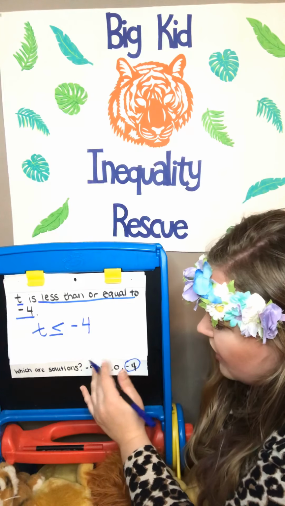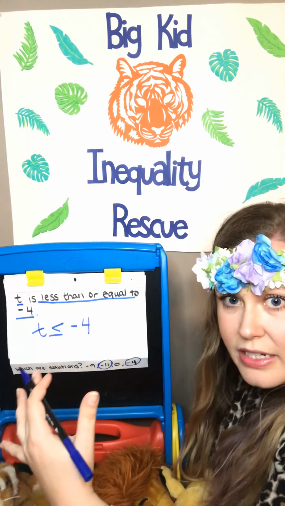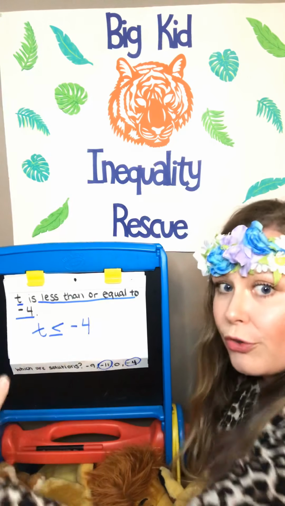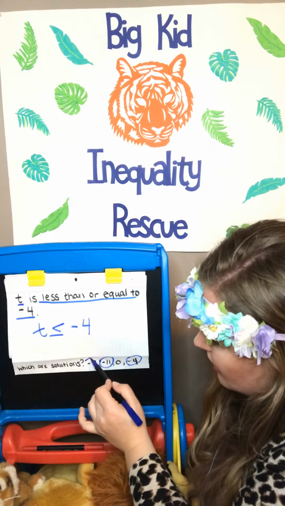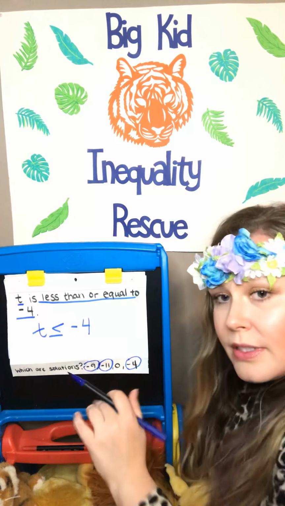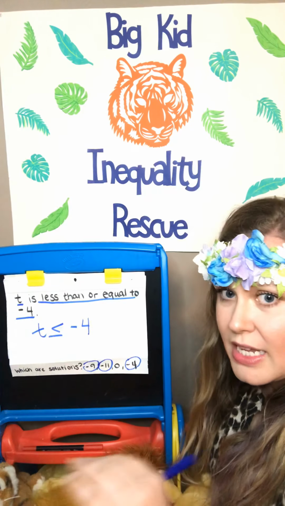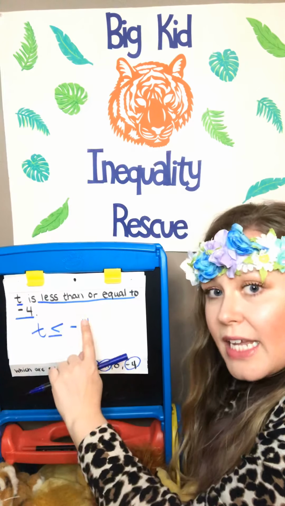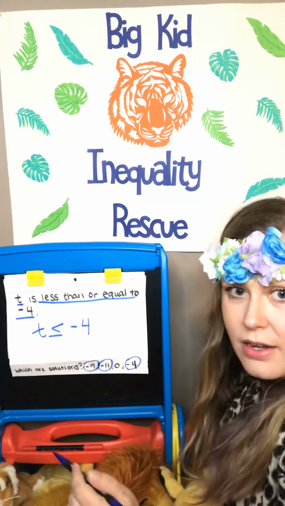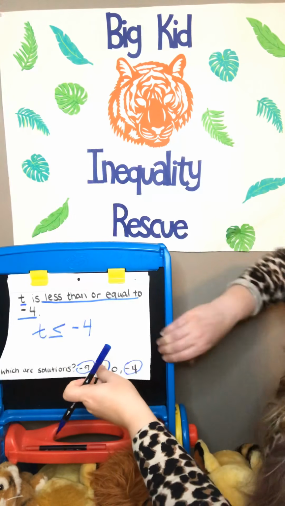So -11 means a greater debt because it is smaller, further away from 0. -9 also means that. But 0, in a real world situation, is like breaking even. I'm not negative, I'm not positive, so I know it's greater than -4. So 0 is not an option in this case.